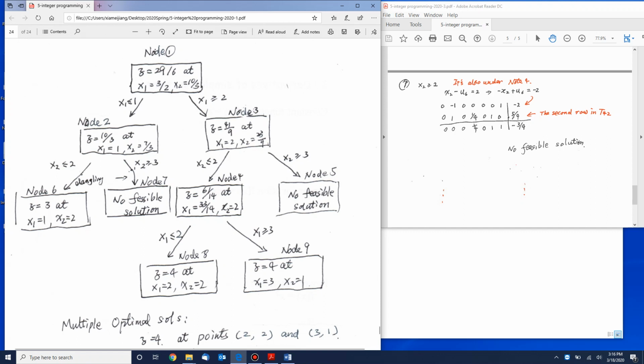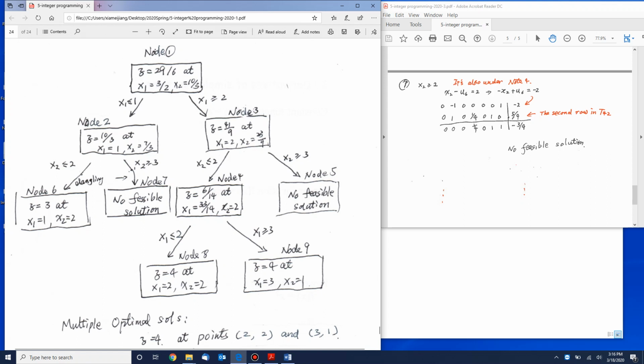And node 4 and node 5 have no feasible solution. So we have node 4 dangling there, where x1 is still non-integer, so we have to continue to work on that. Now here x1 equals 33/14 is between 2 and 3.